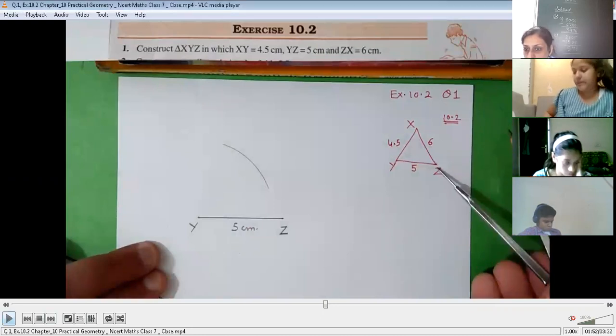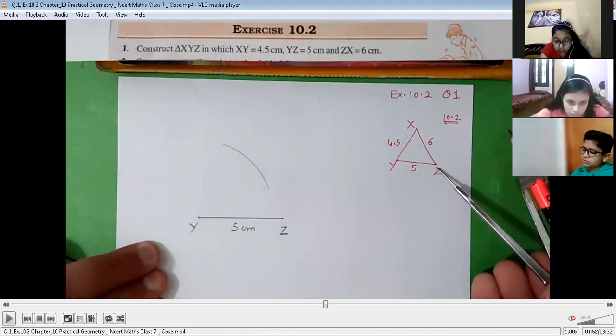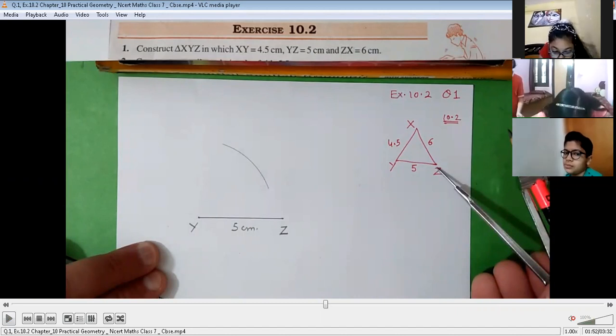Do it, everyone. Measure 4.5 centimeters on your compass, put your needle on point Y and mark an arc of 4.5 centimeters from point Y.